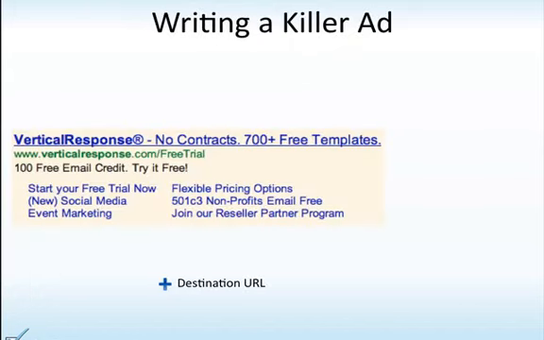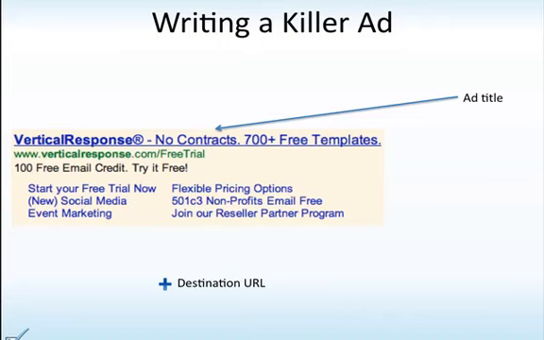So now that you're done with your settings, it's time to write an ad that will have people actually click on it. Here's my older example with Vertical Response, the top ad that showed up. As you can see, there are different components to this ad. First off, you have the ad title. The ad title is 25 characters maximum.